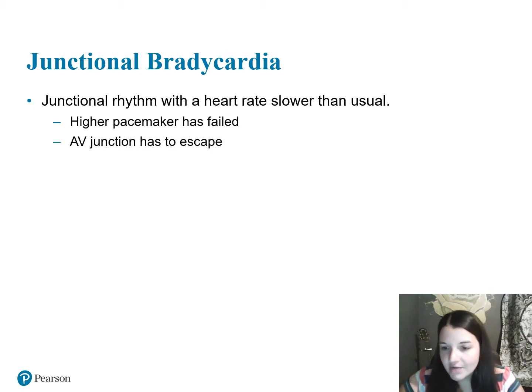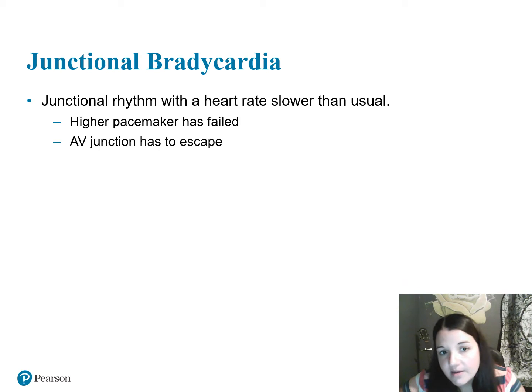Bradycardia, we already know what that means. That's going to be a low heart rate. If I'm a bradycardia coming from the sinus node, my heart rate is going to be less than 60 beats per minute. If it's coming from the atria, a bradycardia is going to be less than 100 beats per minute.